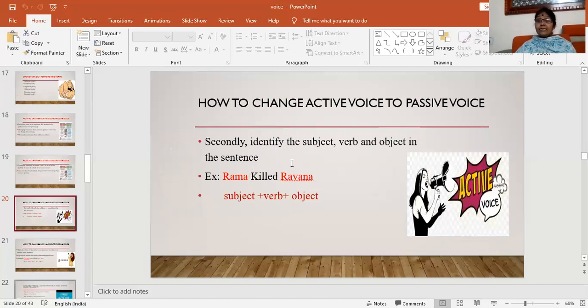Now secondly, when you want to change, you should identify in the sentence which is subject, which is verb, and which is object. For example, Rama killed Ravana. Rama is subject, killed is verb, and Ravana is object. So we should know this.